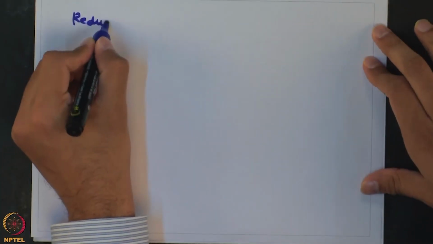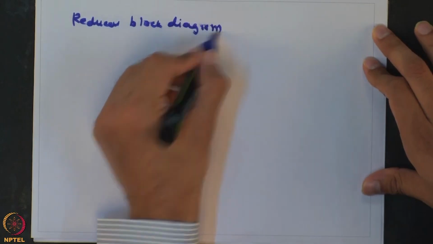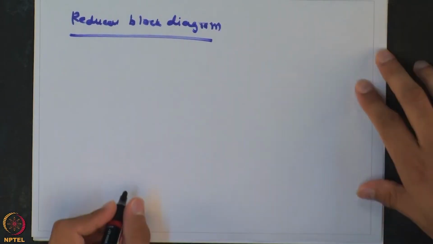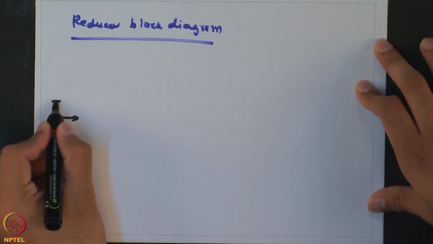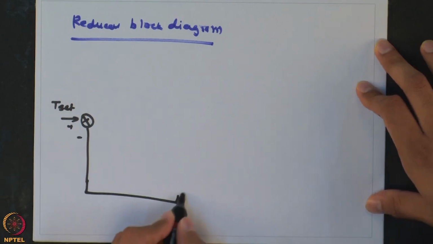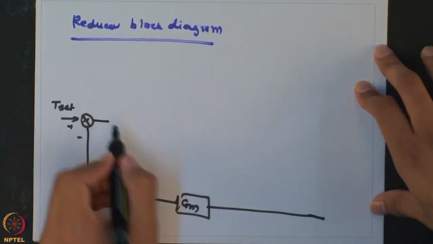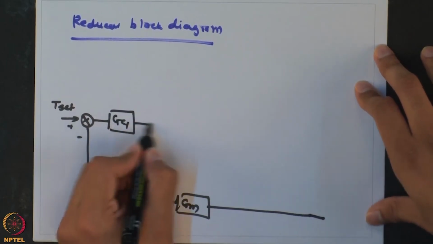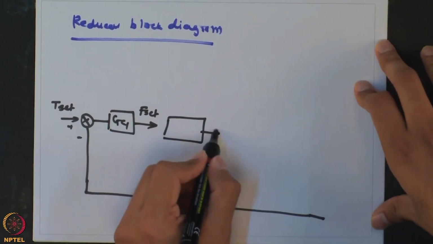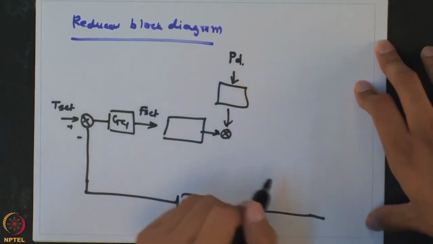So if I want to draw the reduced block diagram, we have this temperature set point, we have this temperature measurement, this is the primary controller, and the output of this is F set, and between F set and flow, and this is the secondary disturbance PD.